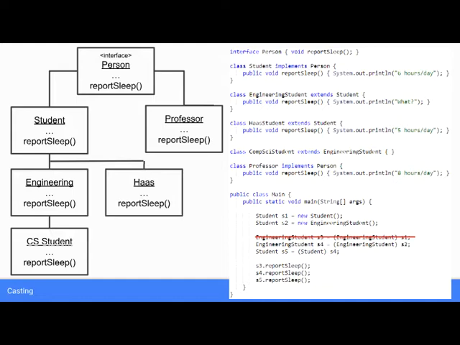Casting to a subclass. Can you give me an example? So it will compile because casting will basically force it to compile, right? But then during runtime, if you do find out that this variable that you cast it to does not have the method you're looking for, then you're going to get a class cast exception.